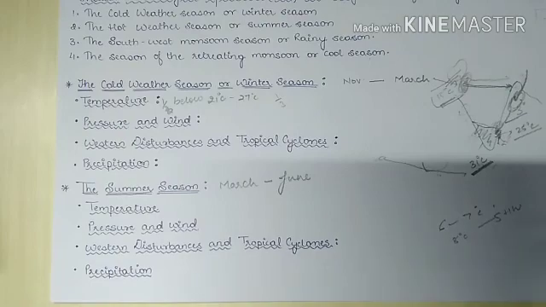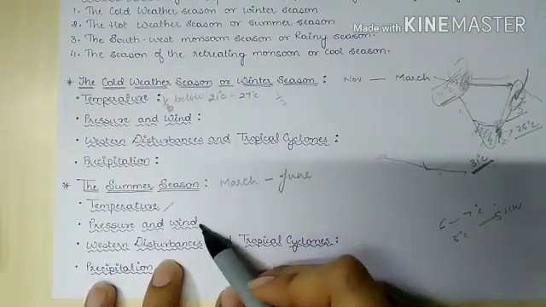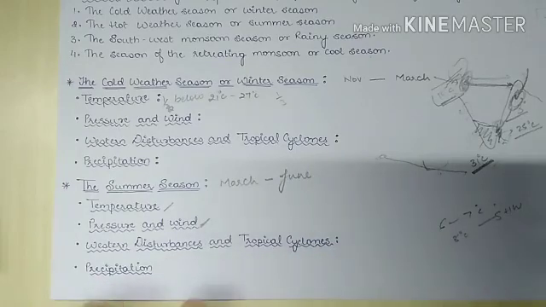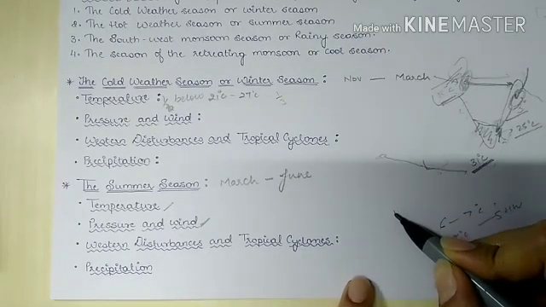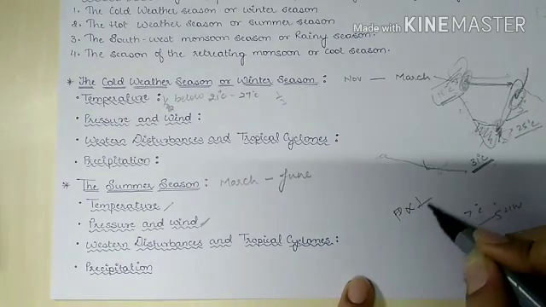Now, as we have done the temperature, we will look into pressure and wind. The atmospheric pressure is low all over the country due to high temperature. But unusually low pressure is noticed in northwest India, where the temperature is exceptionally high. And we all know that pressure is inversely proportional to temperature.